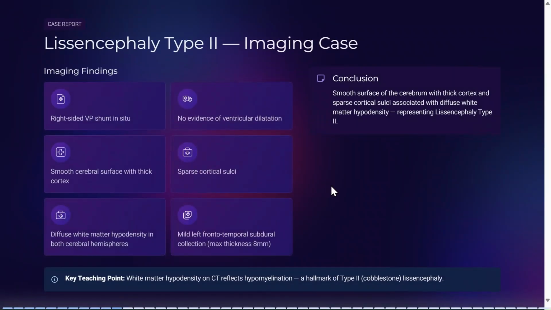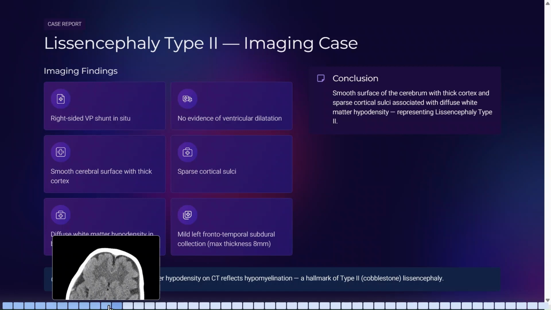This is basically type 2 Lissencephaly, where we saw a right-sided VP shunt, smooth cerebral surface with thick cortex, diffuse white matter hypodensity in both cerebral hemispheres, which reflects hypomyelination, a hallmark of type 2 cobblestone Lissencephaly.